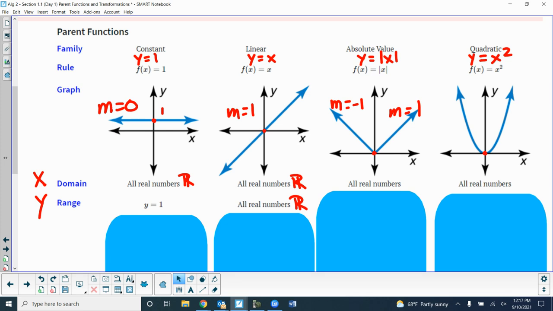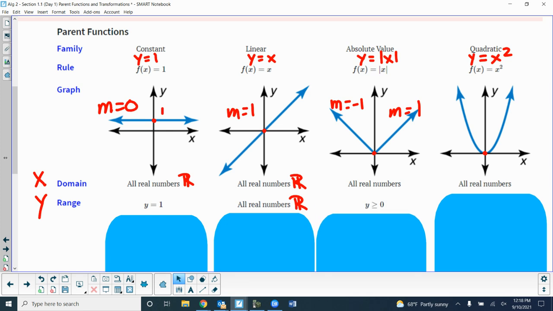We could think of, what do we call this point if it had opened up? Was that a min or max? Min, right? Basically, we got a min on here too, right? What's the minimum y value? 0. So what's our range going to be? Y is greater than or equal to 0.